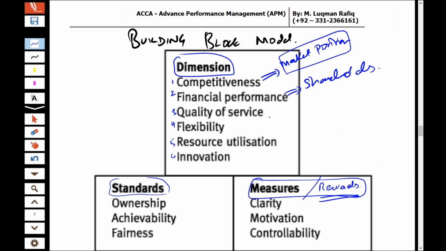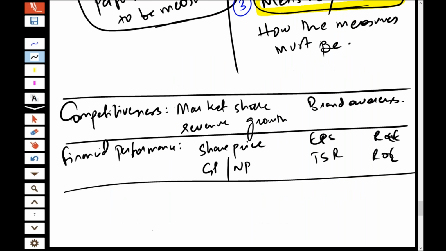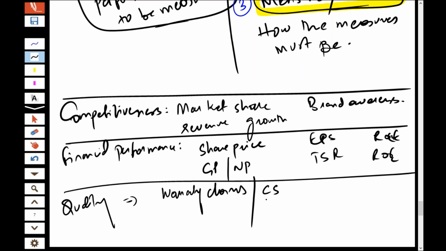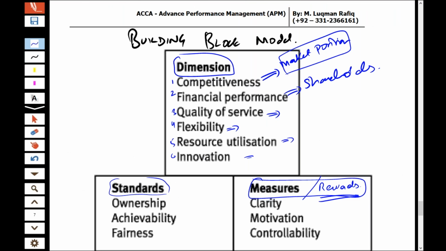The third thing is the quality of service. Then there is flexibility, resource utilization and innovation. If I talk about the quality of service, everything which is the warranty claims, all of the aspects that we discussed with respect to customer satisfaction, are also going to be covered under this specific quality area.